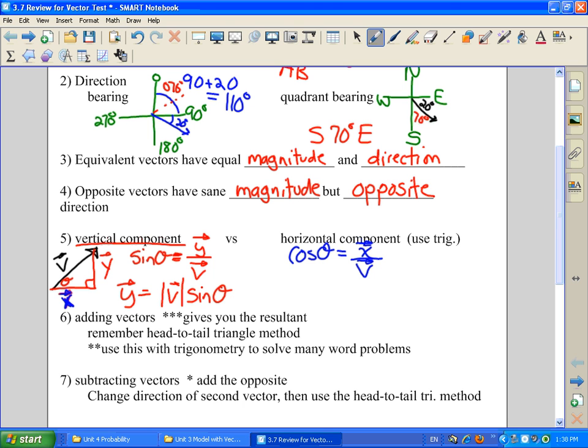Cross multiply, that tells us that the x, or the horizontal component, equals the absolute value of the hypotenuse vector amount, the diagonal side, times the cos of the given angle.